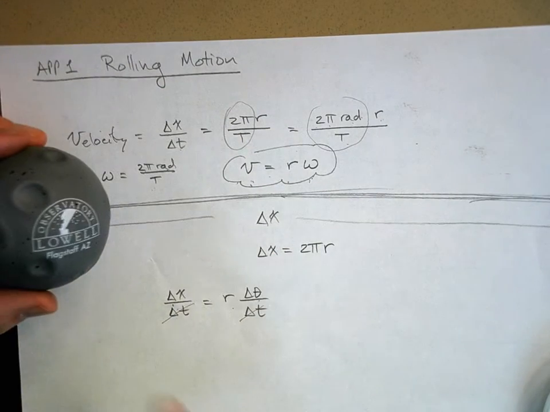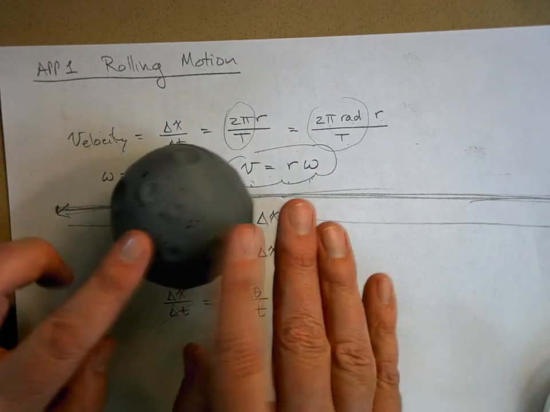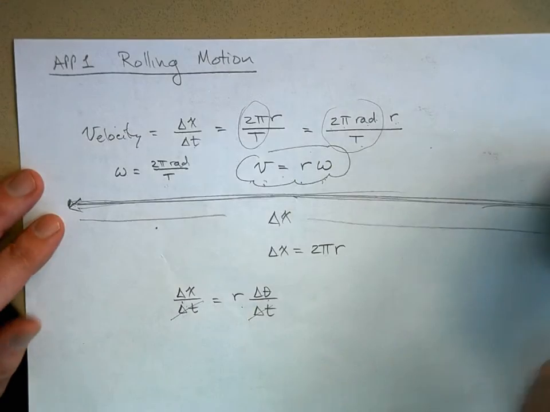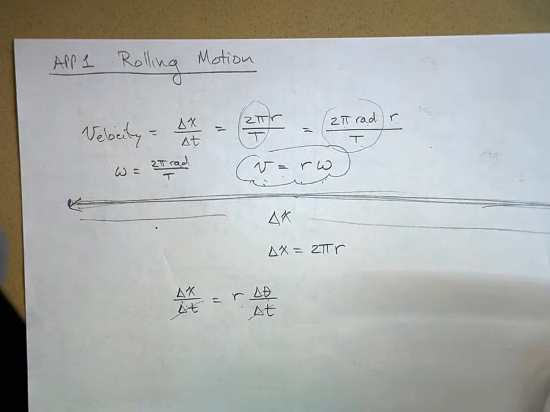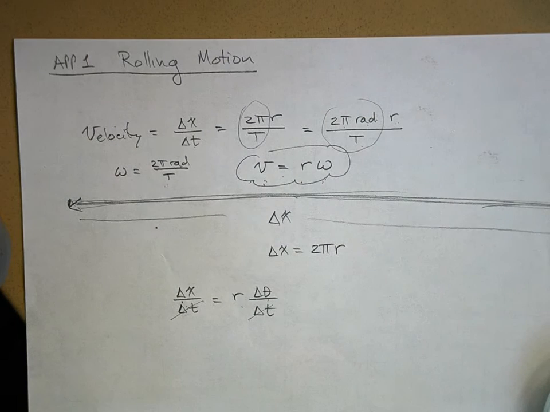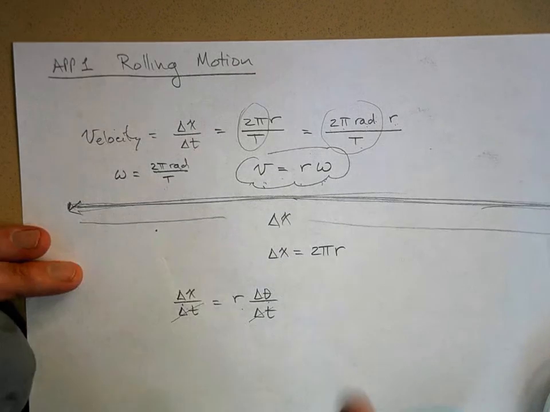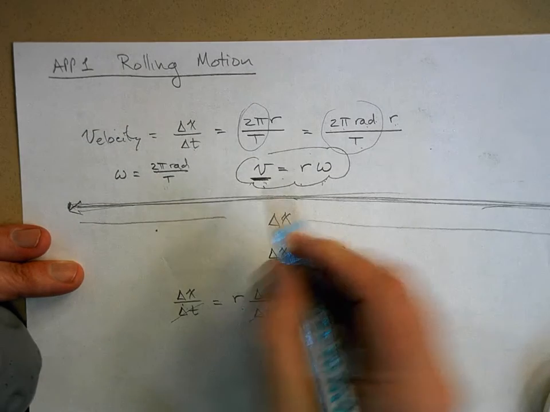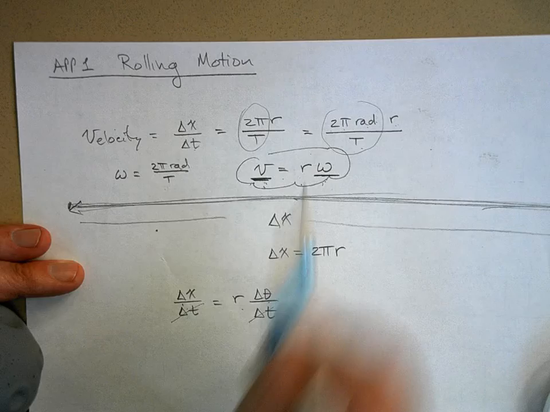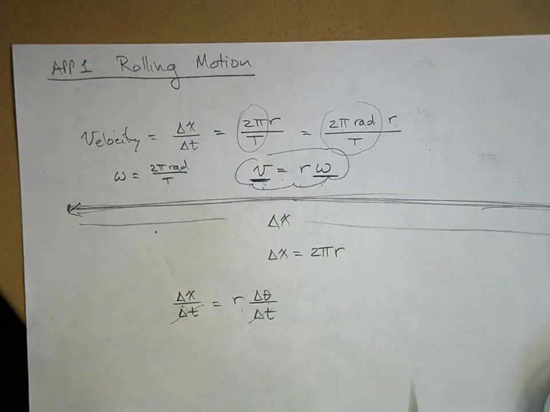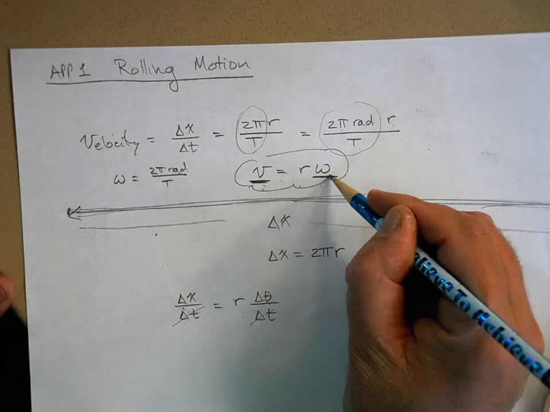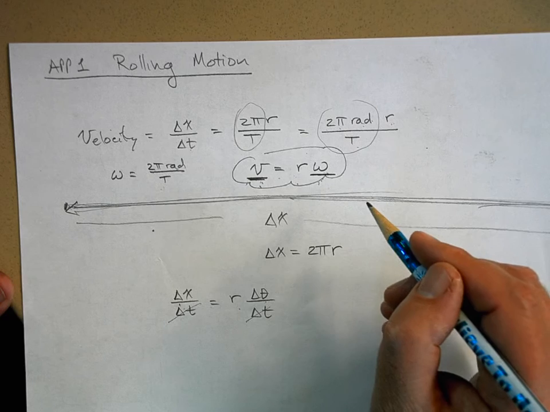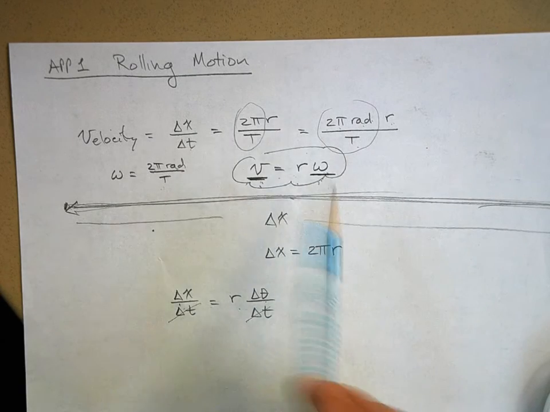And if I roll this thing, its speed, how fast it's translating, is related to how fast it's spinning. This is how fast it's going, translating. This is how fast it's spinning, and they're related by r. But this must be in radians per second for this equation to work. So this is the only little equation we're going to use.